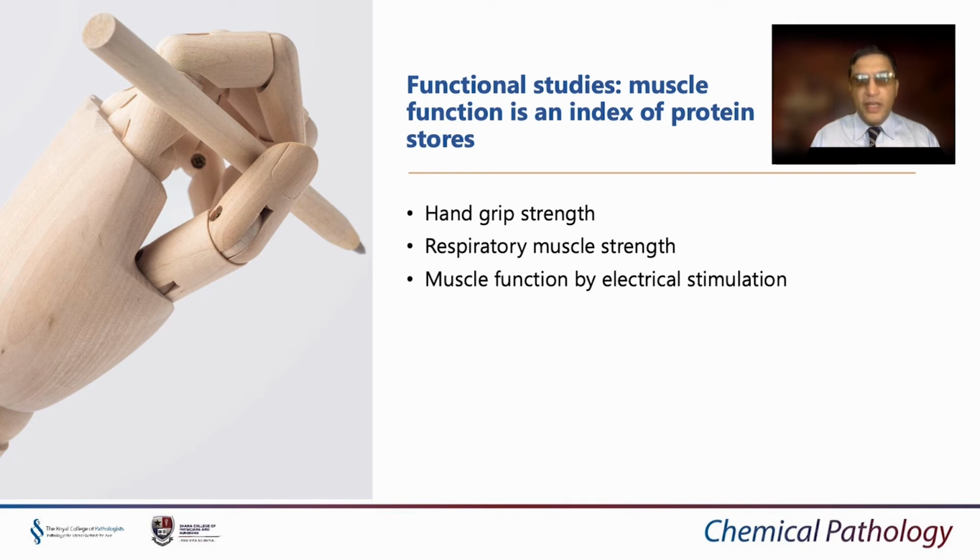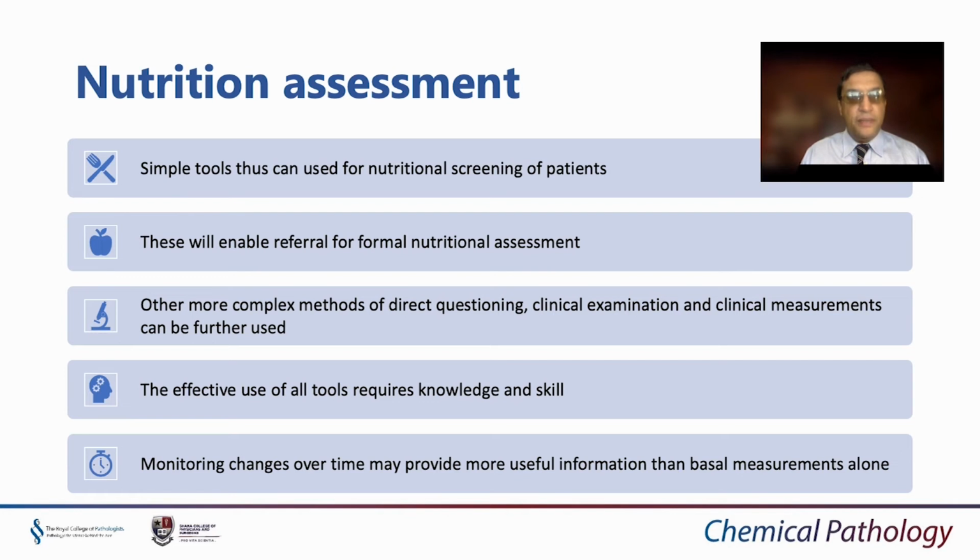Protein stores may also be assessed using functional studies of the muscle. Hand grip strength, respiratory muscle strength, and muscle function using electrical stimulation may be used to assess the function of muscle. The tools discussed thus far identify simple tools for nutritional screening, which enables referral of at-risk patients for formal nutritional assessments.